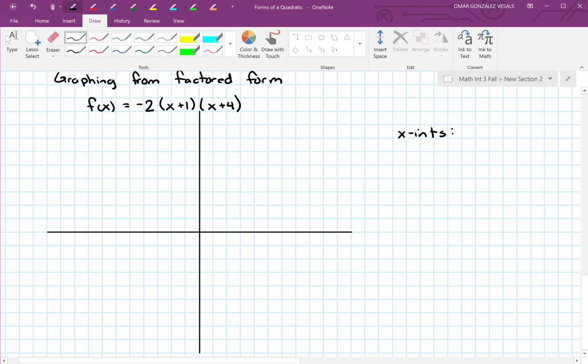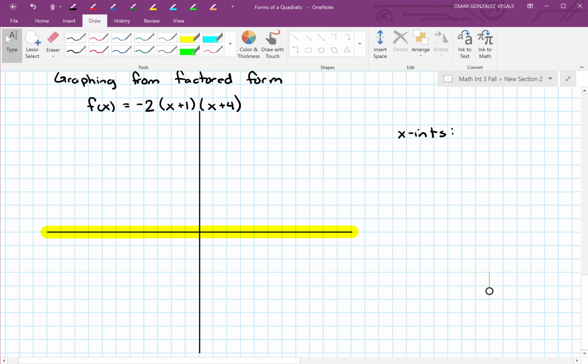So the x-intercepts, guys, are where your parabola is going to cross the x-axis. So that's what our x-intercepts are going to tell us.